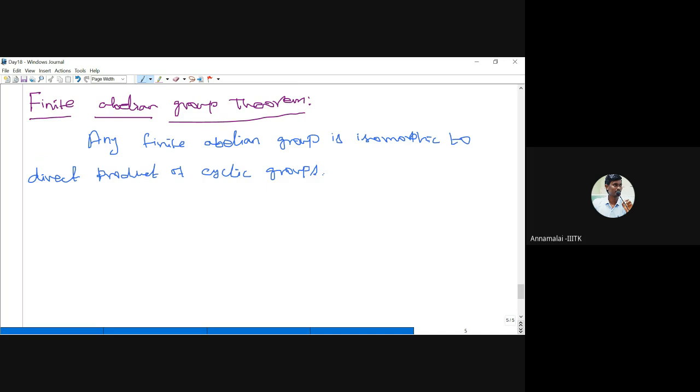It's a very important result. It's true only for finite abelian groups. Any finite abelian group is isomorphic to a direct product of cyclic groups. Since G is finite abelian, the cyclic groups are also finite cyclic groups.